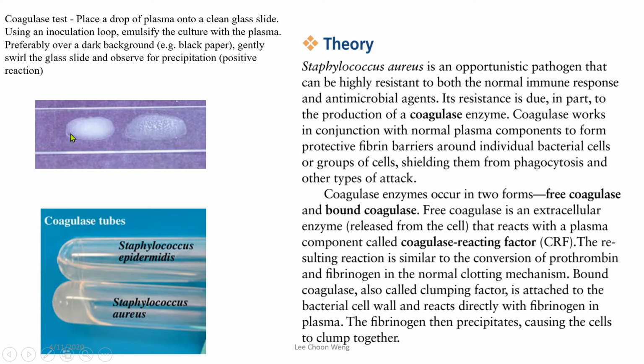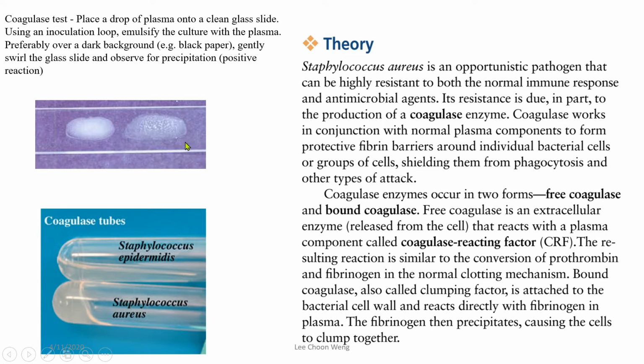What we usually do is mix the plasma and the bacteria together. There are two ways of doing this. We can do the slide test or the coagulase tube test.